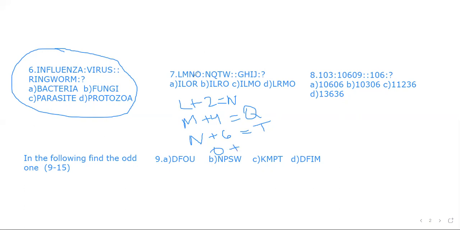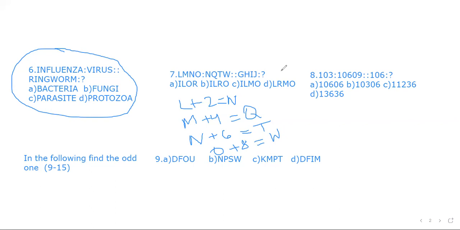O plus how much is W? P, Q, R, S, T, U, V, W means 8 steps I have to go and I will reach W. So you know the pattern. First one is plus 2, second one is plus 4, third one is plus 6, fourth one is plus 8, means this is the plus of even numbers.